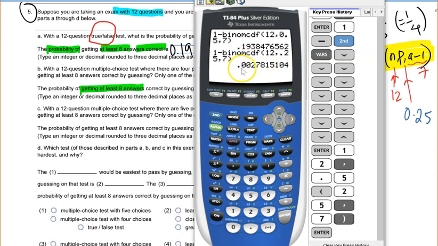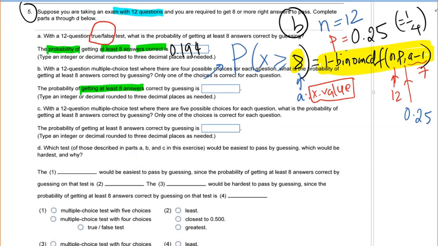If you round it to 3 decimals, it's going to be 0.003.